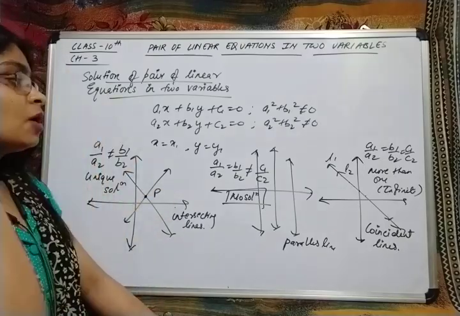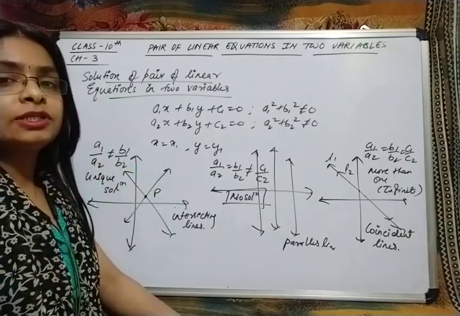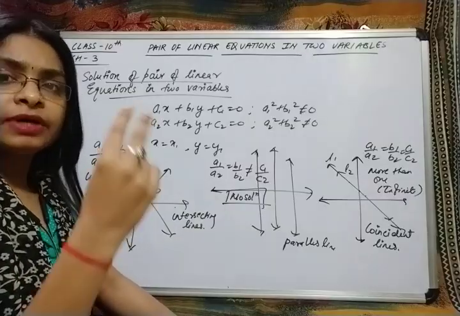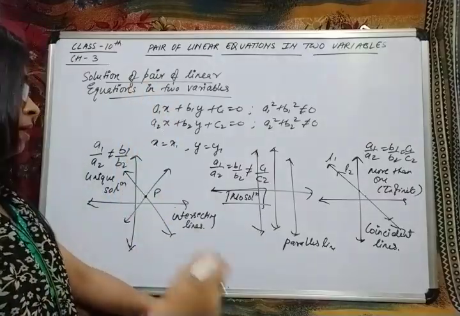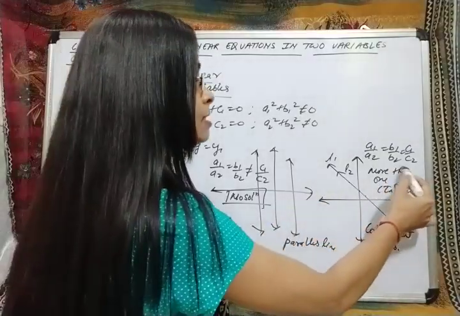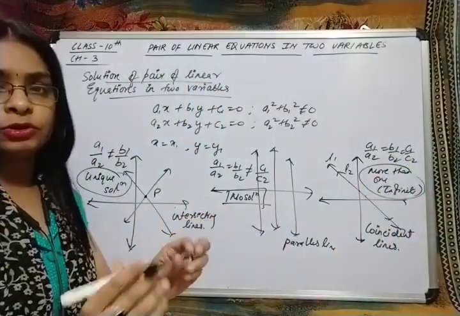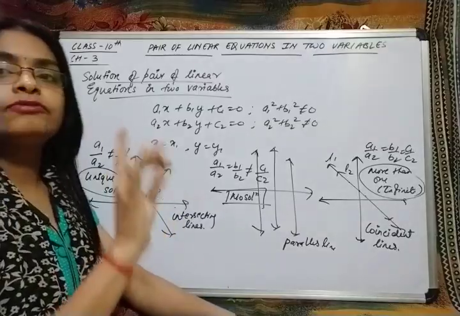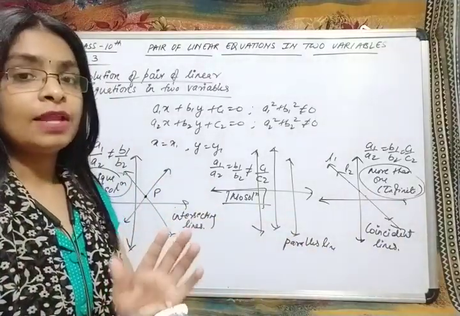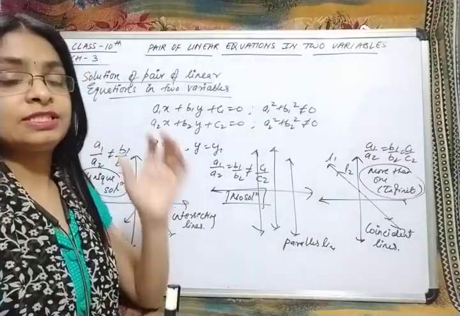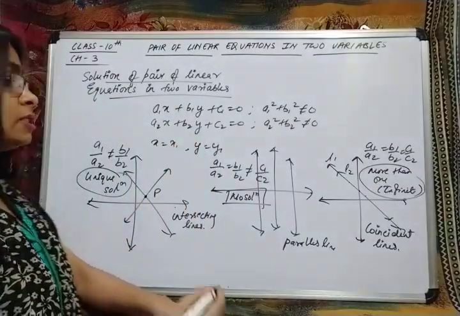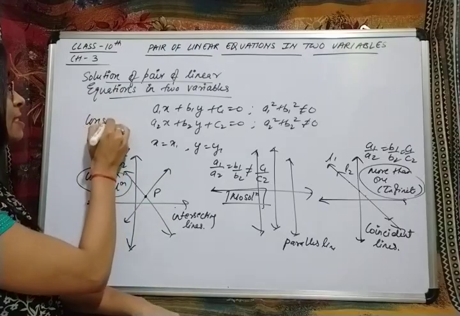Now the thing is, we are getting solutions in two cases, no? Here a unique solution, and here more than one, infinite solutions. Either we get only one solution, or infinitely many. These types of situations, this pair of linear equations, is known as consistent.